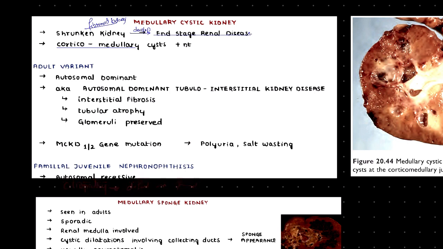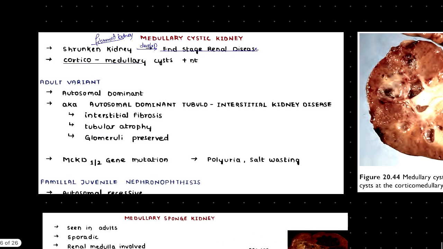Here the thing we need to keep in mind is the main characteristics of medullary cystic kidney. It is a shrunken kidney, fibrous kidney, that will lead to end stage renal disease. It is characterized by the presence of cysts in the corticomedullary junction.